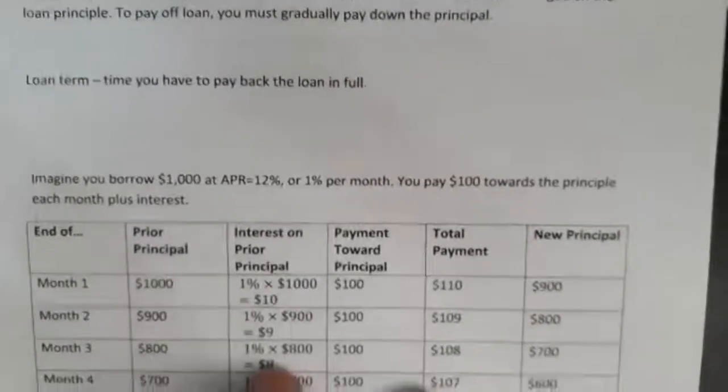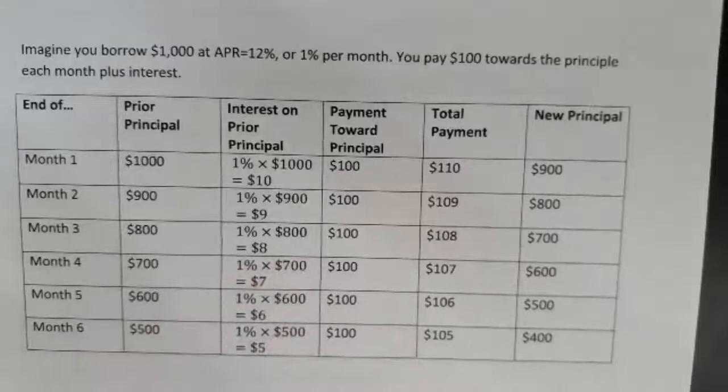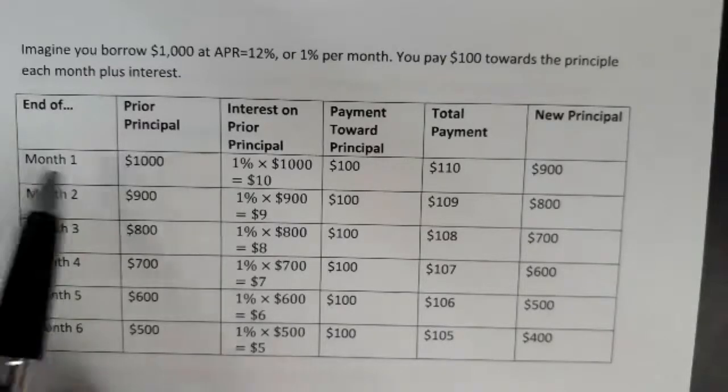And so they give you a little scenario. Let's imagine we're borrowing $1,000. Our APR is 12%, so that we have a 1% monthly percentage rate. We pay $100 towards the principal each month plus interest. So we're figuring this out month by month.